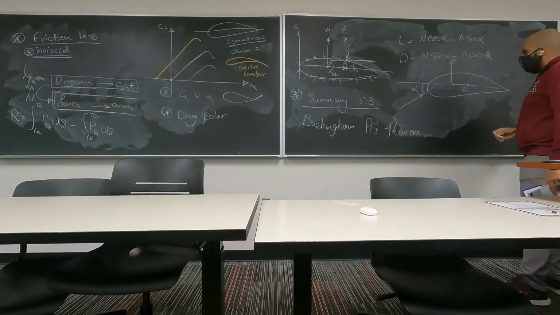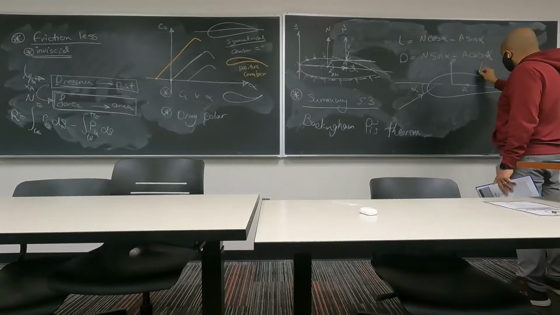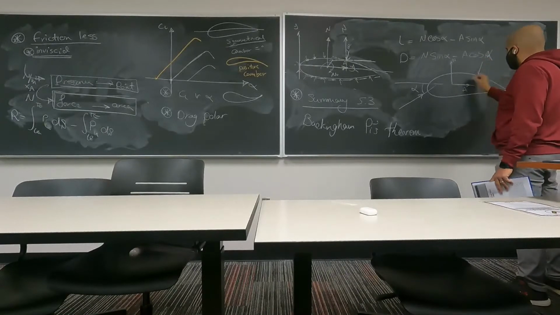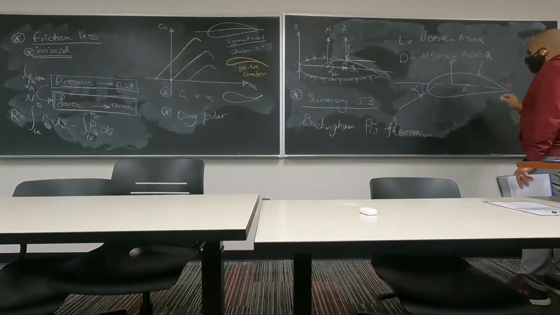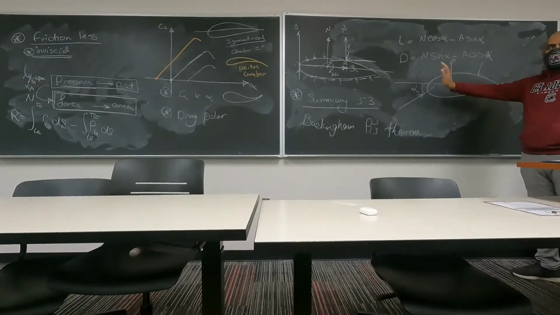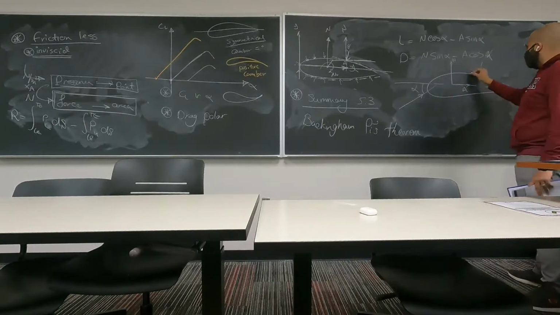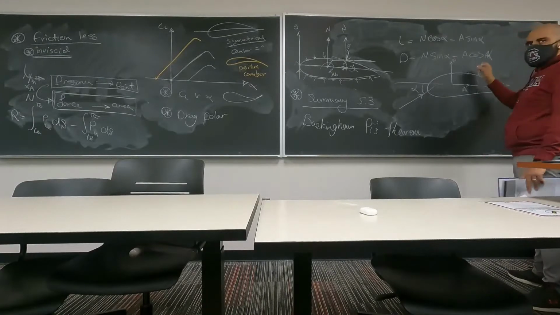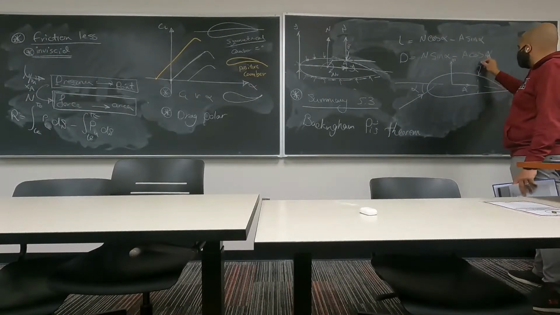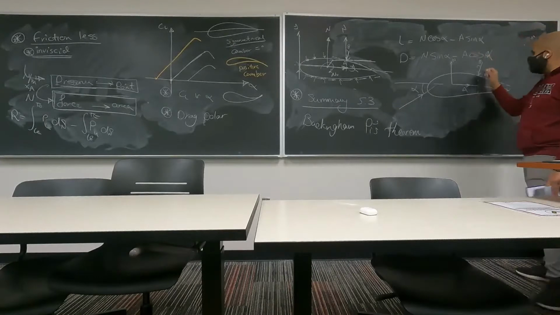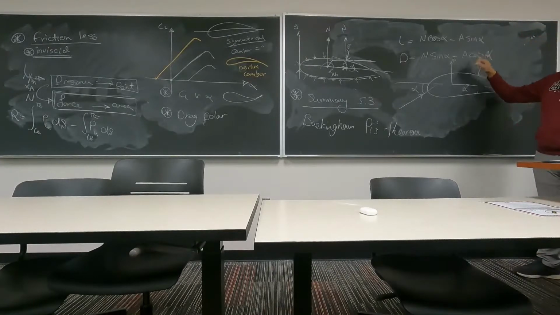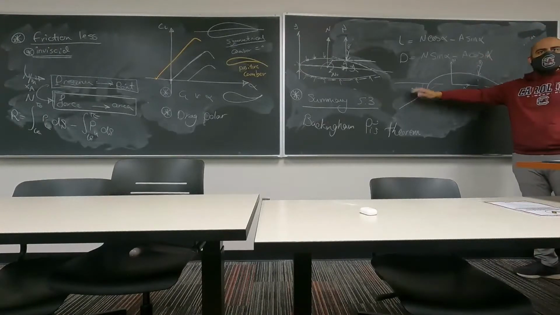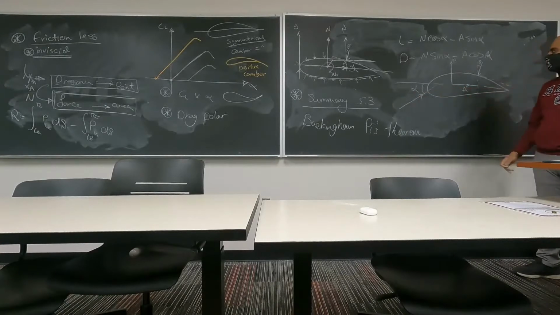The idea is pressure is normal to the surface. We haven't talked about the direction of flow at all. The surface makes an angle with your chord. This is a geometric angle. It doesn't have anything to do with the flow direction.